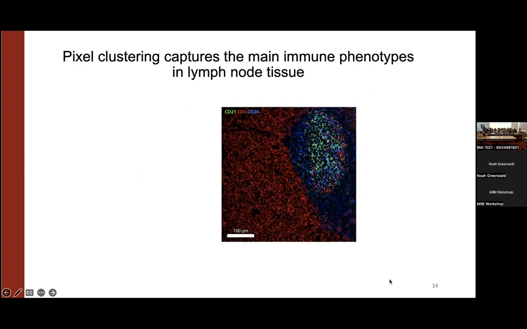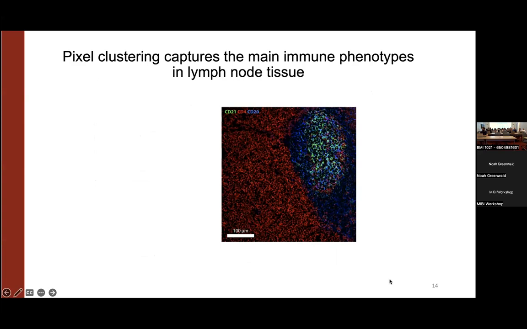Okay, so as a proof of concept, and to show what pixel clustering can really do, as well as benchmark its performance, we use a data set of lymph nodes. One of the reasons we chose lymph nodes is that they're very structured tissues, so we're able to assess how well our pixel clustering does by looking at the general structure of the tissue. So for instance, here in this image, the red is CD4, which denotes the T cell zone.